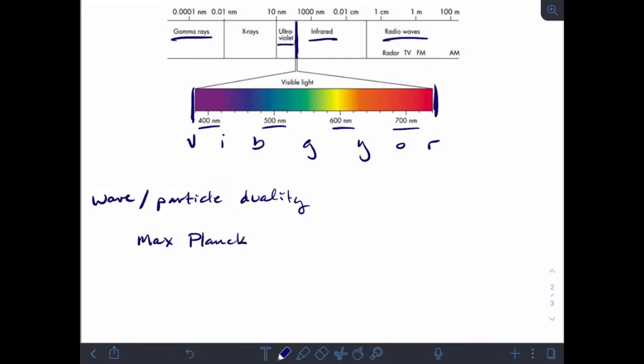He was a physicist, and he postulated that the energy of a system is limited to discrete values.